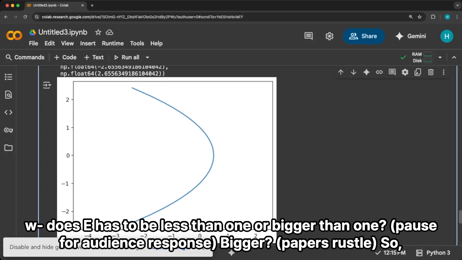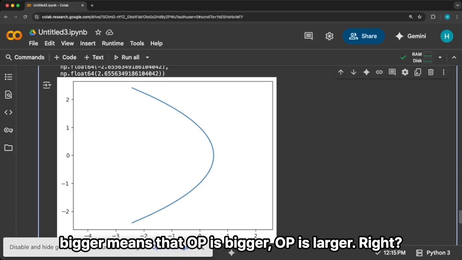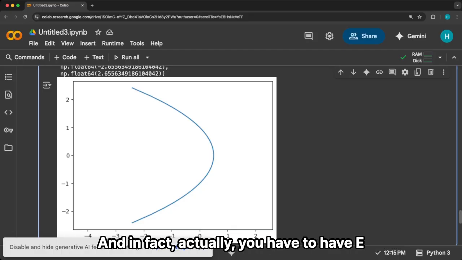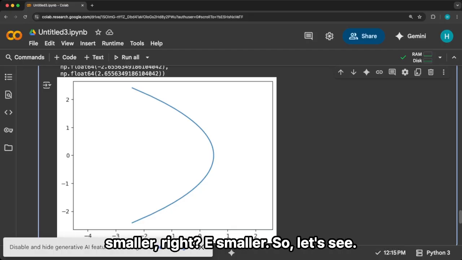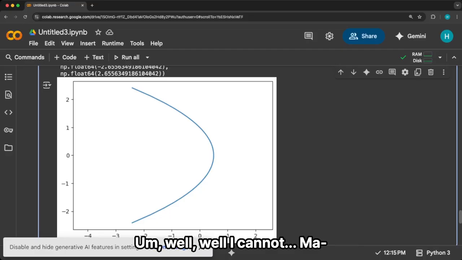Bigger means OP is larger, right? Yeah, in fact, you have to have E smaller, right? E smaller. So let's see. Maybe I'm wrong, but we can try to draw it.